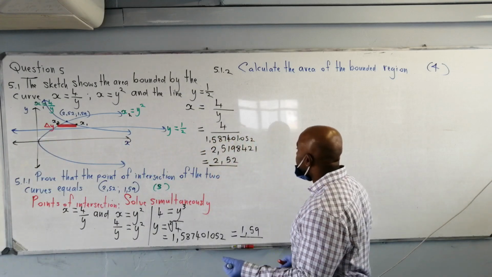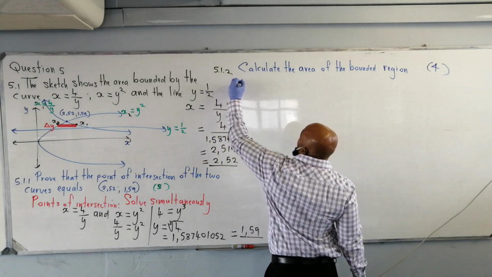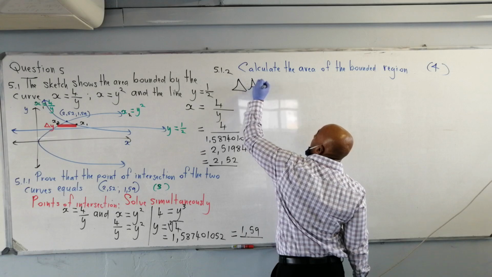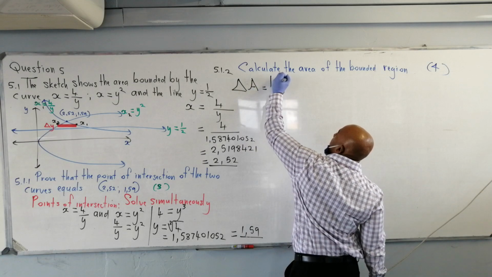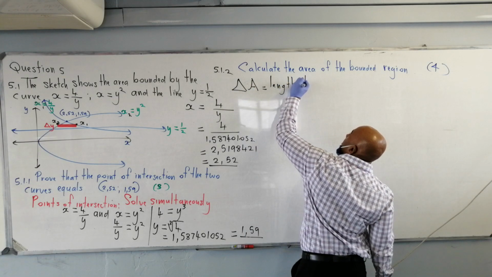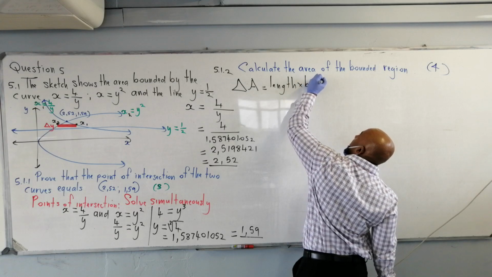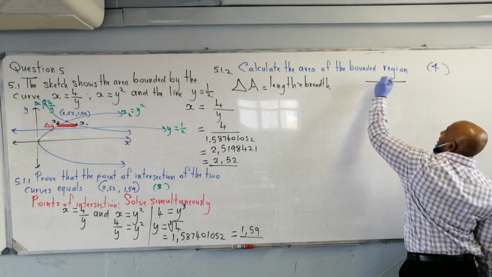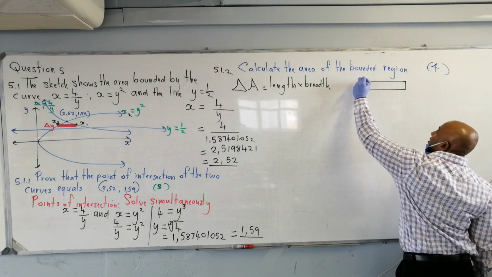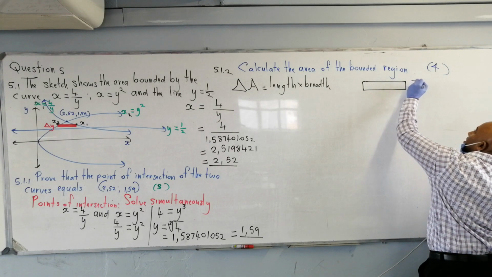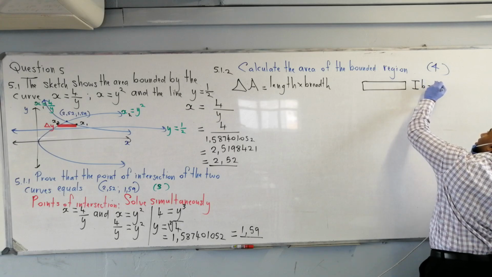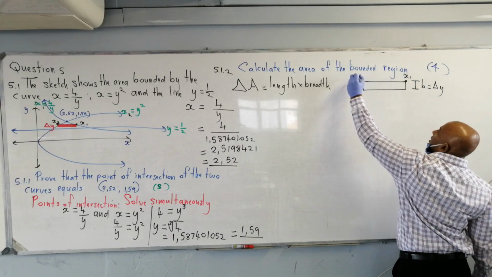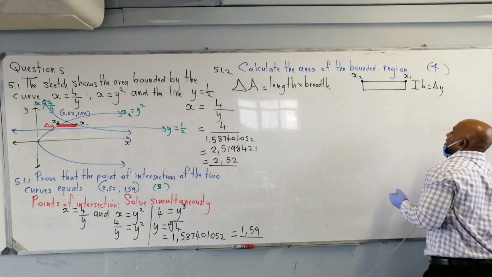Right, so now you're going to write down delta A, which is the area of the representative rectangle, which is length times breadth. So what do we have? Here's the rectangle. You know this is the breadth, which is delta y, and this is your x1, that's x2.